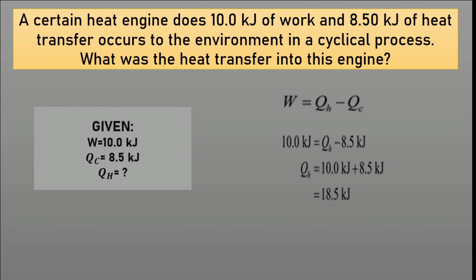We have given the work, 10 kJ, and QC, which is 8.50 kJ, and QH is what we are going to find. Substituting in the formula, we have 18.5 kJ heat transfer to the engine.